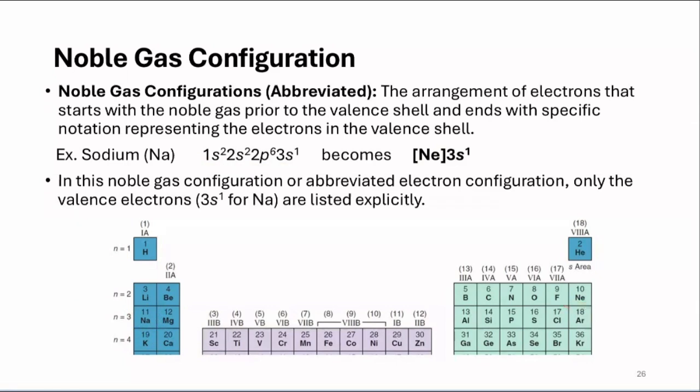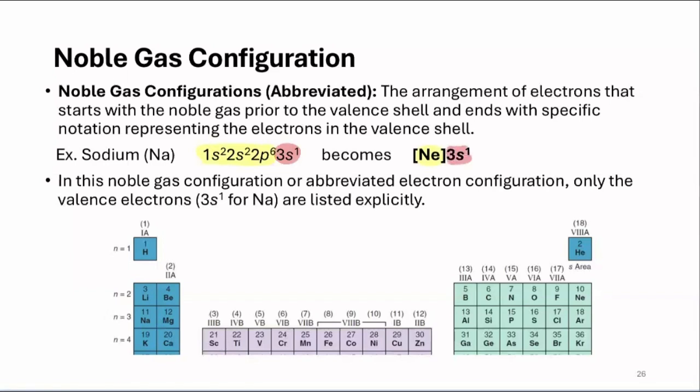What that means is that this area of the electron configuration for sodium, meaning the 1s2, 2s2, 2p6, actually corresponds to the noble gas neon. This 3s1 is the valence electrons that are present in sodium.